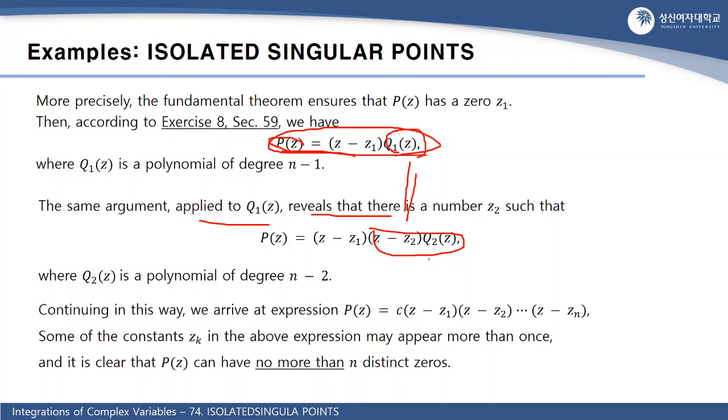So in this way, we can continue to factor the original polynomial p of z to get this here, which is equal to c times z negative z1 times z negative z2, keep going like this, and z negative zn.